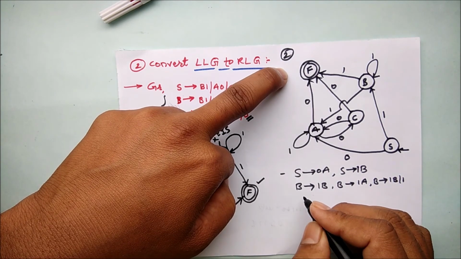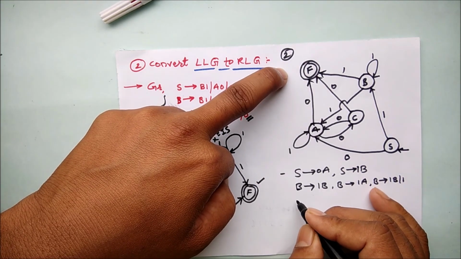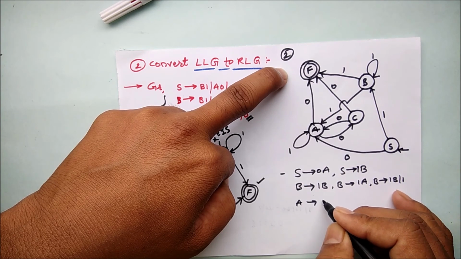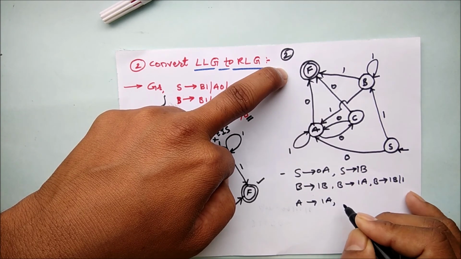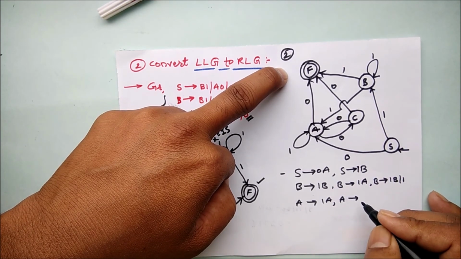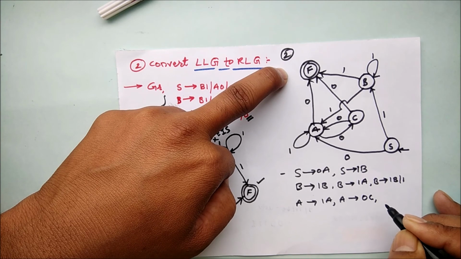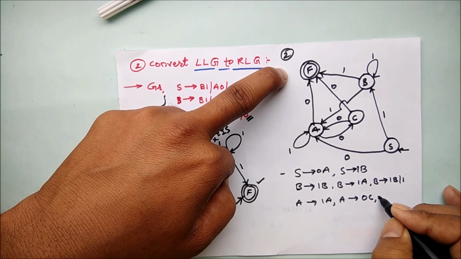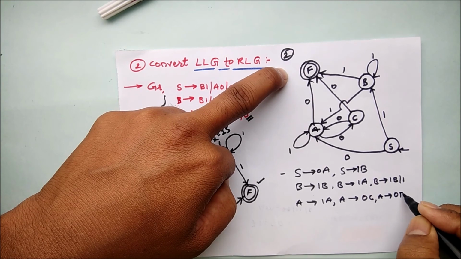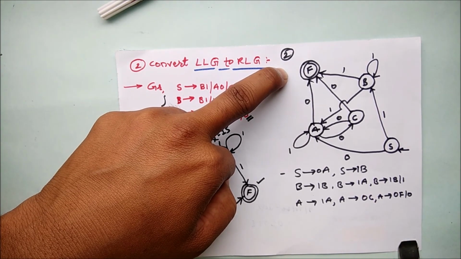So this finishes B. Now let's move on to A. So A gives 1A, also A gives 0C, and also A is going to the final state, that is 0F0.